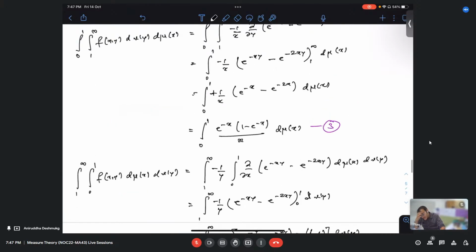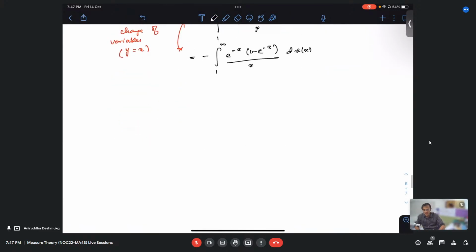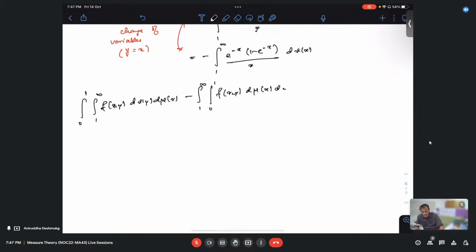Okay. Now, the question is whether the left hand sides are equal. Are these two equal? If they were equal, then the difference must be 0. So let us try to calculate the difference. So integral 0 to 1, integral 1 to infinity, f of xy d nu y d nu x, minus integral 1 to infinity, integral 0 to 1, f of xy d mu x d mu y.